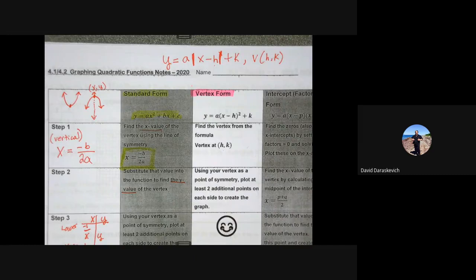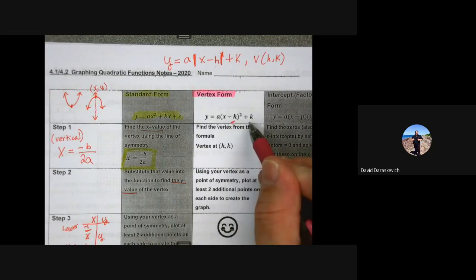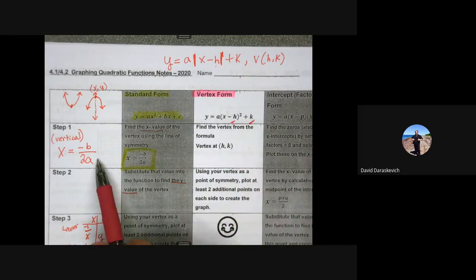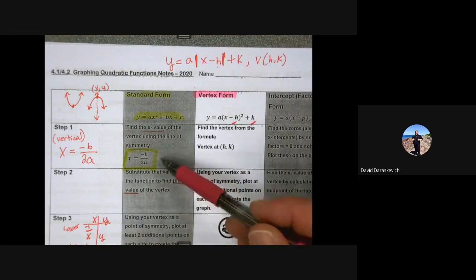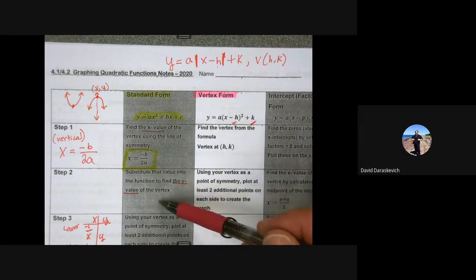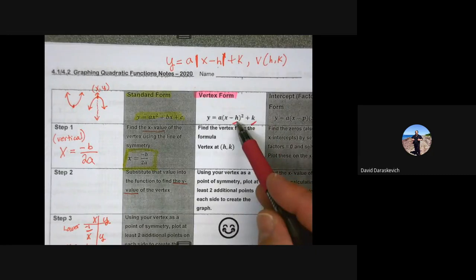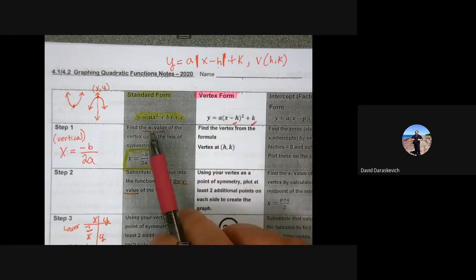Now, this is actually pretty easy for vertex form because, like I said, we could just read our h, k, or vertex right off the bat. You don't have to go through these algebraic expressions or equations to solve for x and y. We have a vertex right from the equation. So this is much easier than standard form.